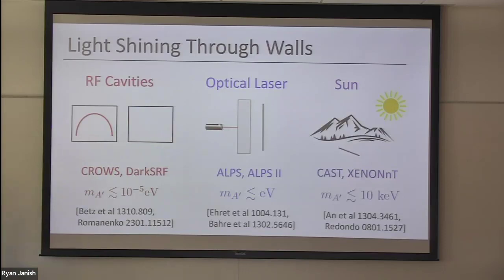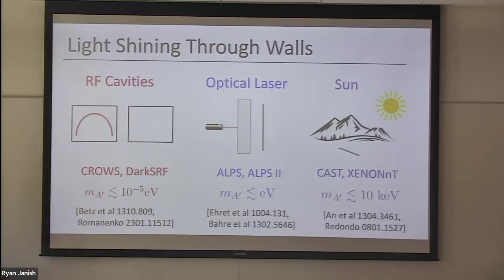These give you very nice bounds, very nice reach, and they cut off at a particular mass. All the limits from these cut off at a mass around 10^-5 eV, which corresponds to the energy of a radio photon, a gigahertz photon in the source cavity.